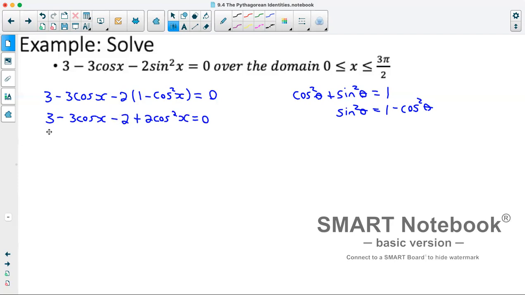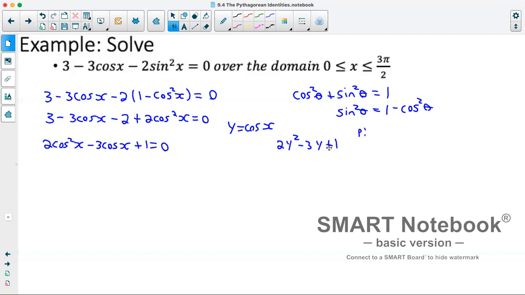We can combine this 2 with this. So we have, and we might as well reorder, 2 cos squared x minus 3 cos x plus 1 equals 0. I'm just going to, for example, say y is equal to cos x. And that gives me 2y squared minus 3y plus 1.